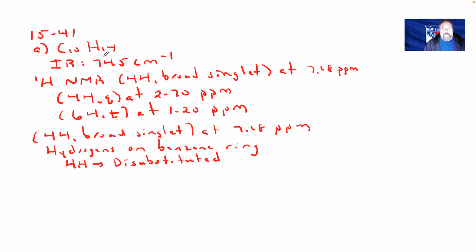Now, here we're dealing with a broad singlet. So one of the things that comes to my mind when I think of a di-substituted ring that could give me all 4 hydrogens as being equivalent would be para di-substituted, where both branches are the same, because then all of the ring carbons that have hydrogens left would be equivalent. And therefore, all 4 hydrogens would be equivalent, and they should be represented by a singlet.